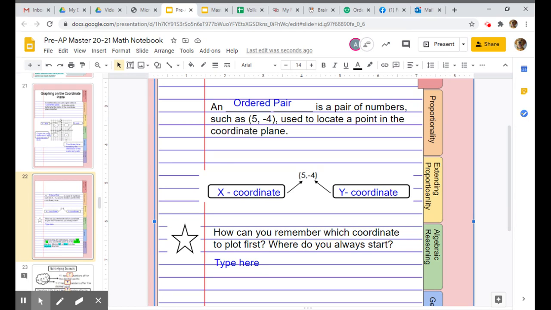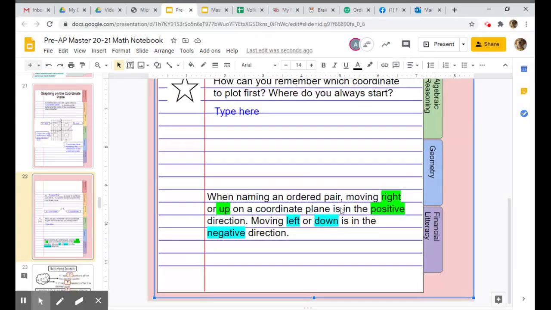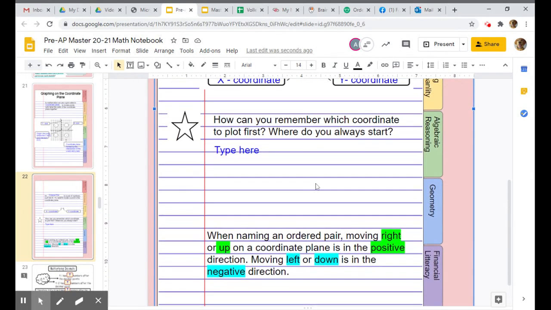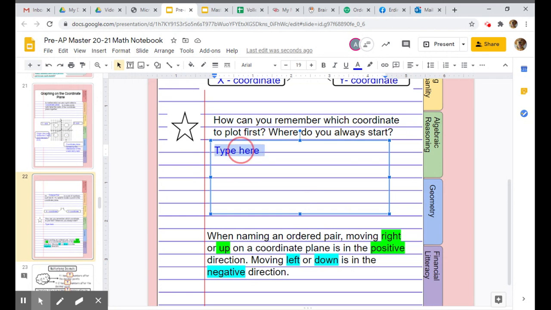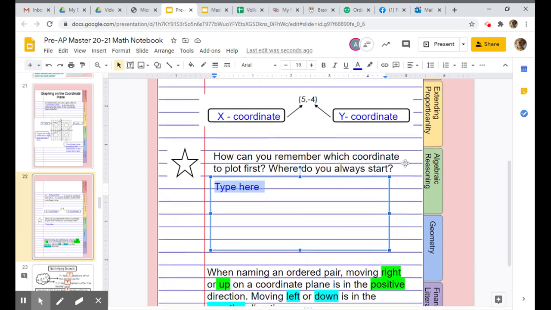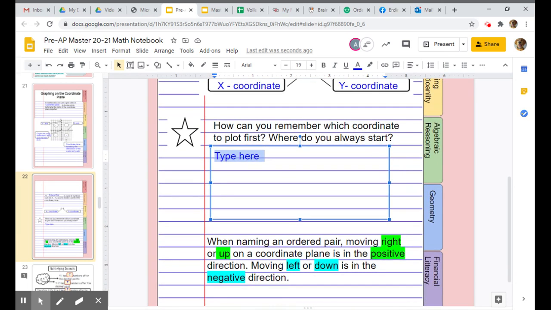Some things that you need to remember when you are plotting your points. How can we remember which coordinate to plot first? How do we know where to start? Well, we just said above that our x coordinate was first and then our y. One way we can remember that is by knowing that x comes before y in the alphabet.